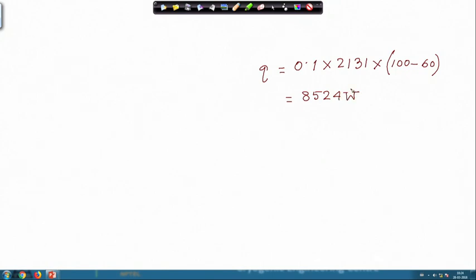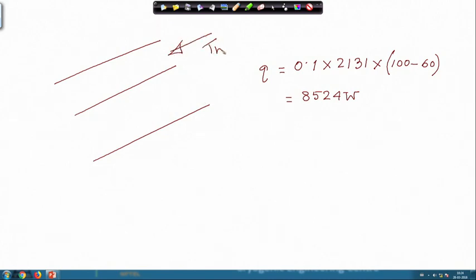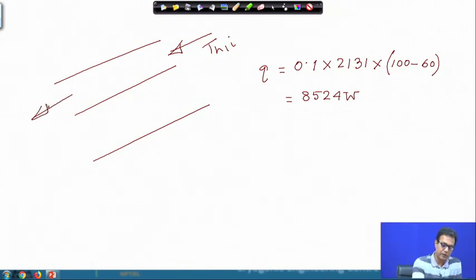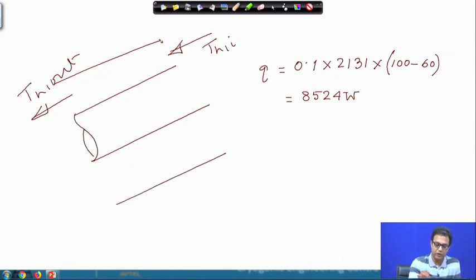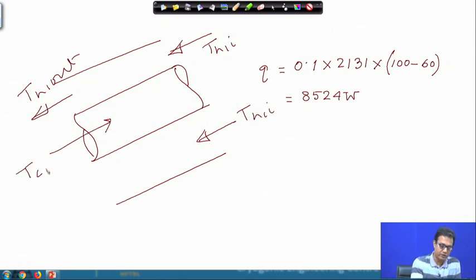Now, this is TH in, this is TH out, and this is an annular space through which the oil was flowing out, and this is also TH in, and this is through which TC in and TC out, the cold exit temperature.